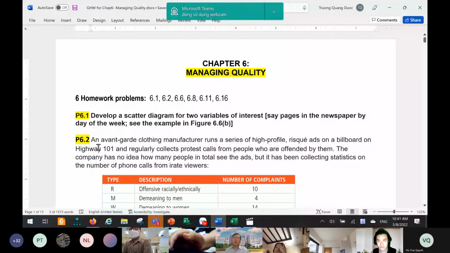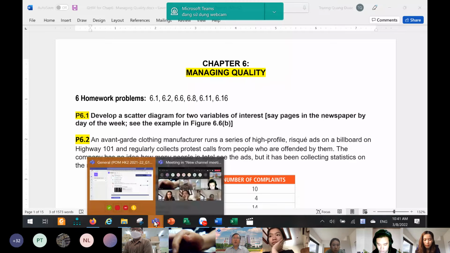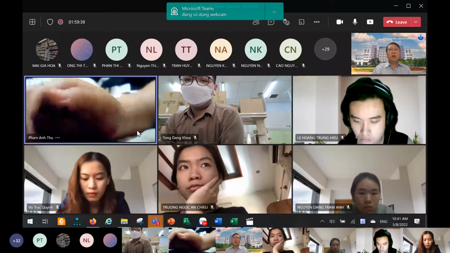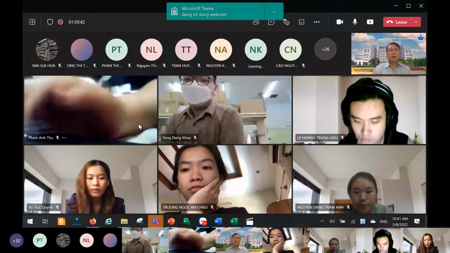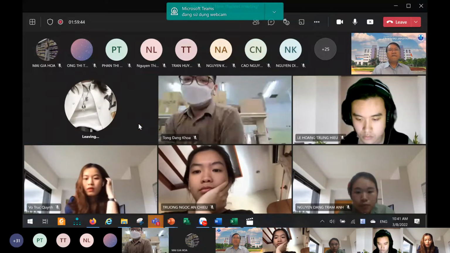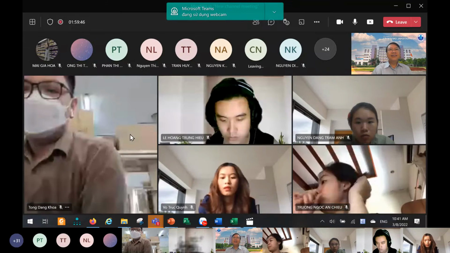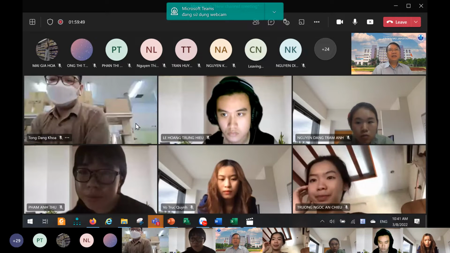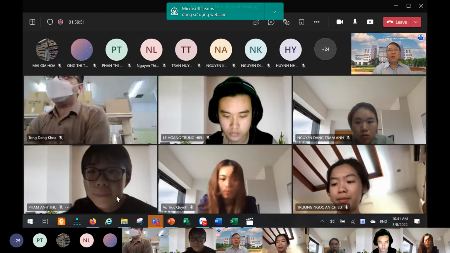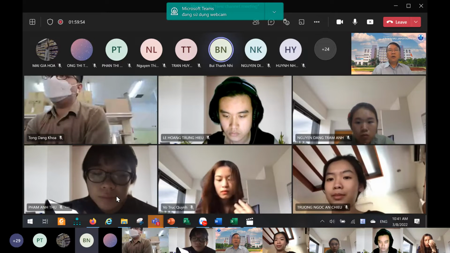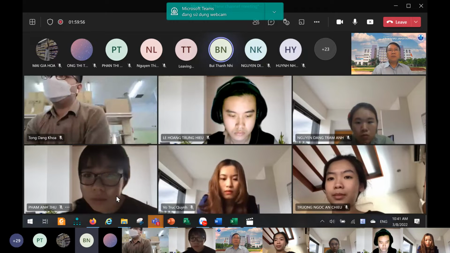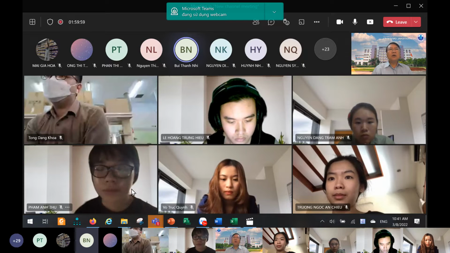Number 2, the raw Pareto diagram is wrong. Do you know where it's wrong? I think the Pareto is wrong because the point is not on the top.